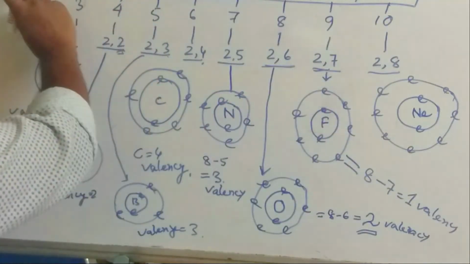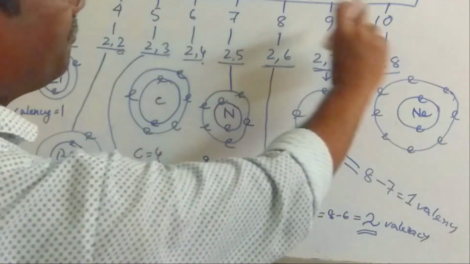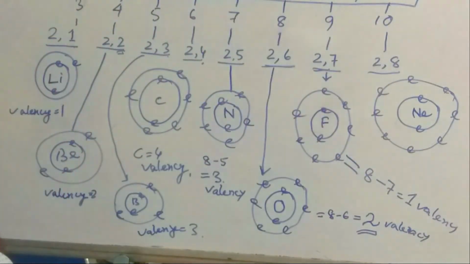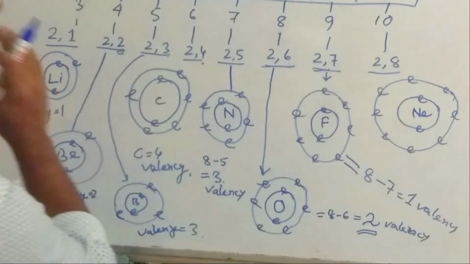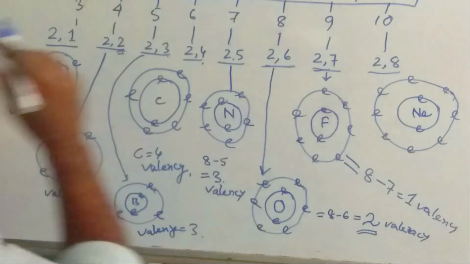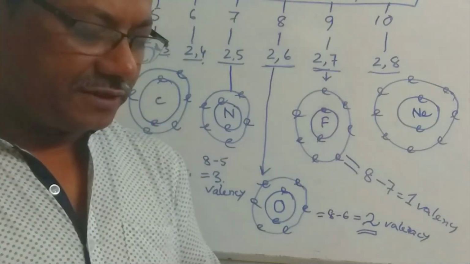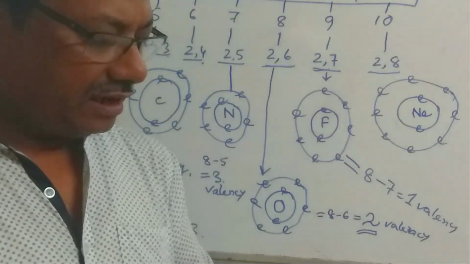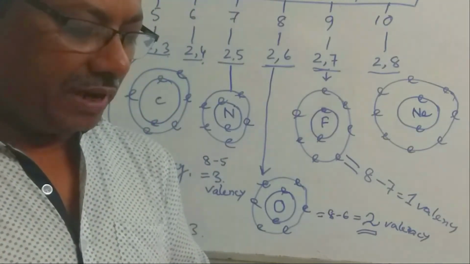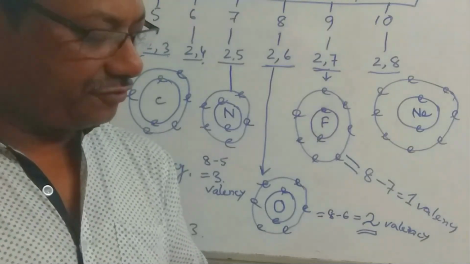All the elements of a period contain the same number of shells, but the number of valence electrons increases from left to right. These elements of second period do not have the same number of valence electrons, but they contain the same number of shells.